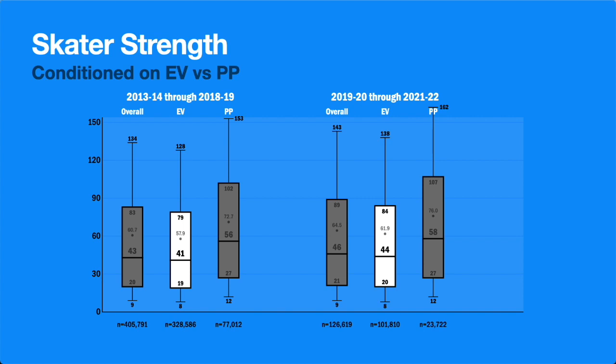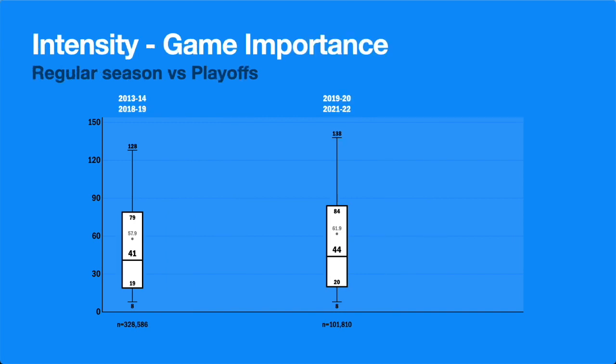So all the conditions from this point forward will be measured within the even strength data set, which makes sense because, again, if we use the overall one, we're teasing two things apart. So the first thing I wanted to look at is does the intensity of play matter, and as a proxy I'll use playoff hockey versus regular season hockey.